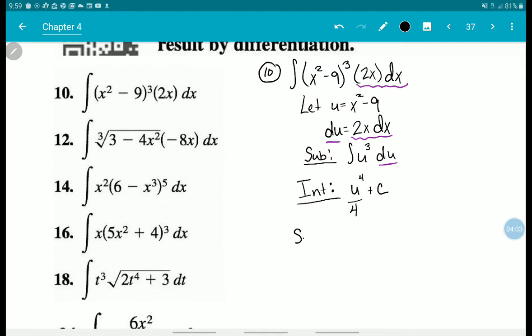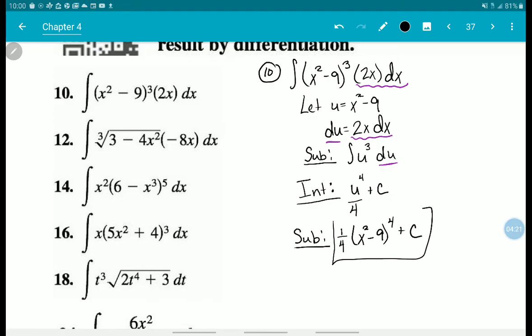And then if we sub back in, and I'm going to write it this way, 1/4 times our u to the fourth plus c. So there's our final answer. Okay, this one was nice because it had that du with it. It doesn't always happen, but we'll talk about what happens.